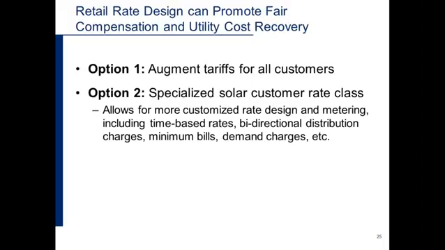So I just want to quickly point out that when people are thinking about retail rate design for customers and maybe revisiting it for rooftop, because of distributed PV, there's 2 approaches. You can either change retail rates for all customers, or you can change retail rates just for solar customers.